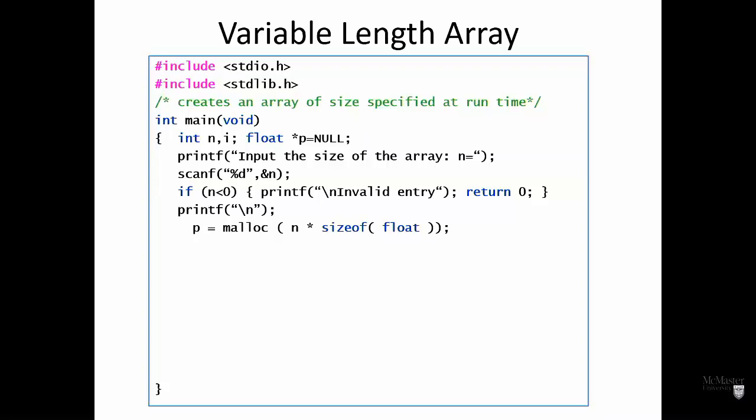We have an array of size n, but I know each element or each entry in this array has a size of 8 bytes. This is what the sizeof function is doing. Sizeof is a function in C that takes as an input multiple different things. It's like a magic function. It can take a data type, as you have here, sizeof float. We used this before, right, to check what is the size of int in our machine.